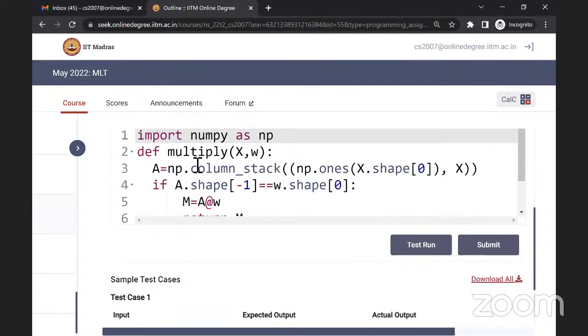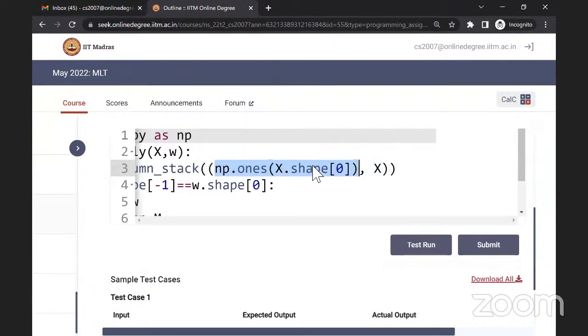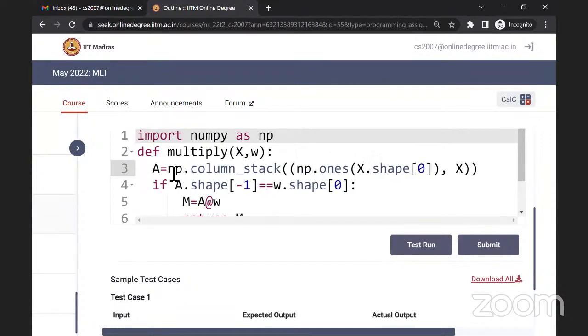Okay, so what is there? First of all, we are going to need another matrix which has a column of ones, inserted as the first column, with all the elements of the original matrix after it. So the A matrix will have an extra column.